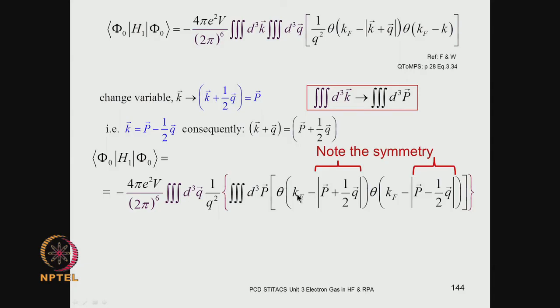So, from kF you are subtracting P plus half q, and in the second Heaviside step function again you are subtracting from the momentum at the Fermi level, not P plus half q, but P minus half q. So, there is a certain symmetry, and that enables us to evaluate this integral using very simple elementary geometry.